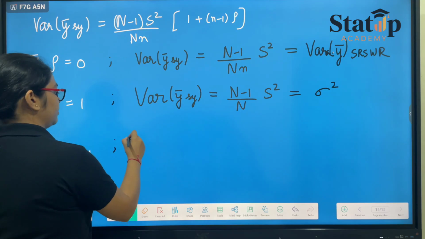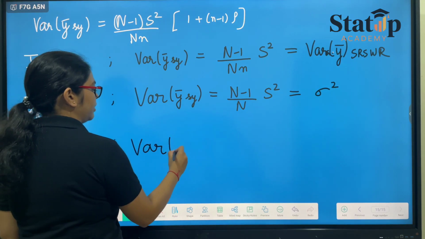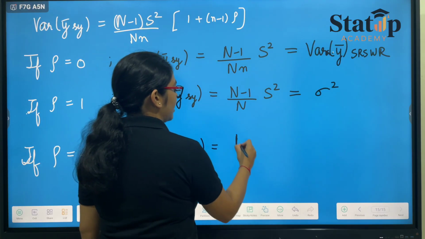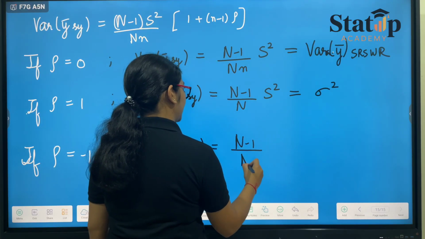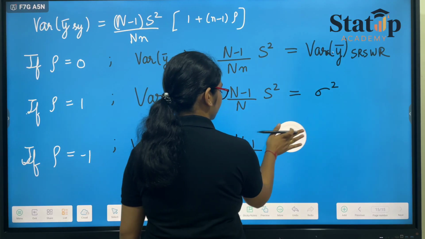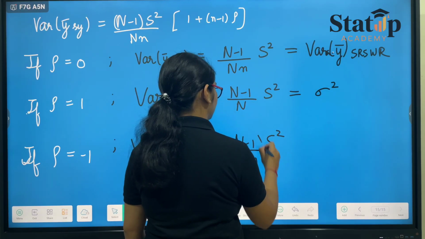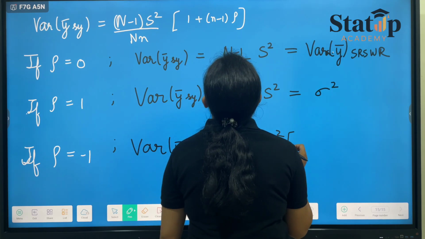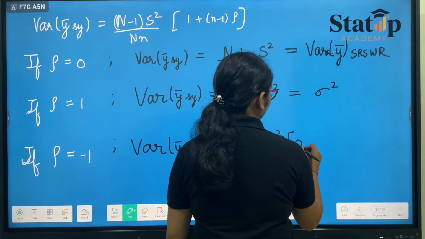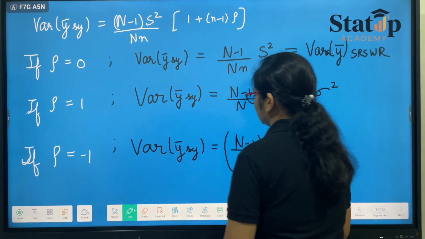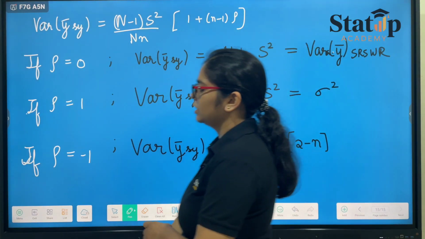And if rho is equal to minus 1, then variance of y bar systematic is nothing but (N minus 1) upon N S square into, if it is minus 1, then it will be 2 minus n. So these will be the results.